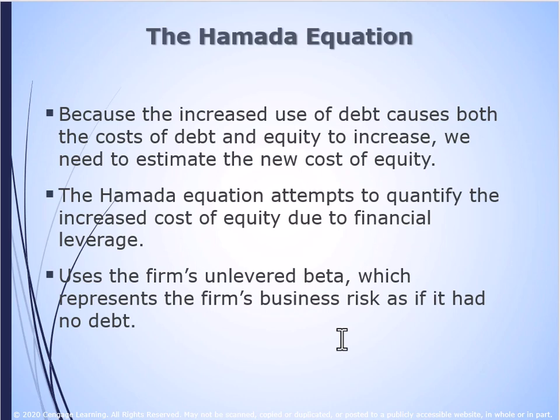So what we've done is we said, look, at zero debt, what is the beta of this company? And of course, what happens then as we change the financial risk? That's going to have an influence on the overall riskiness of the company, and we're going to have to adjust the beta to now reflect levered beta.